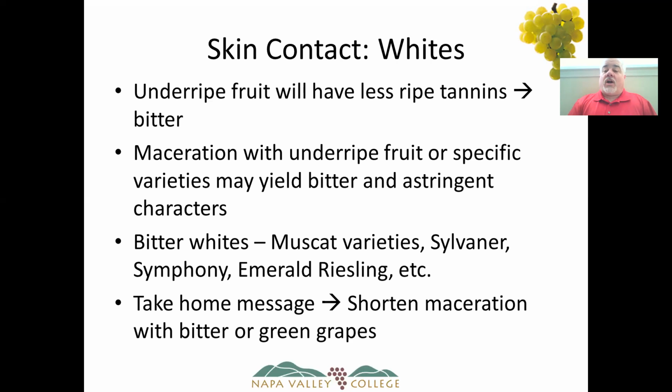But there are some varieties that are intended to be bitter, such as the Muscat, Emerald Riesling, and some others. They are intended to be bitter whites. That is their goal. But bottom line, maceration should be shorter on bitter or green grapes in general.